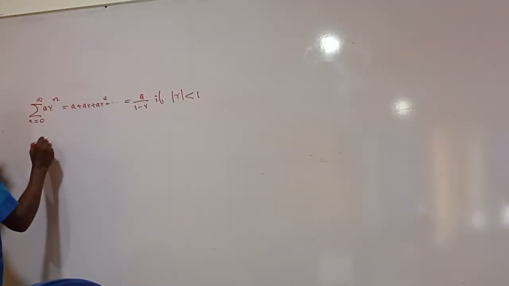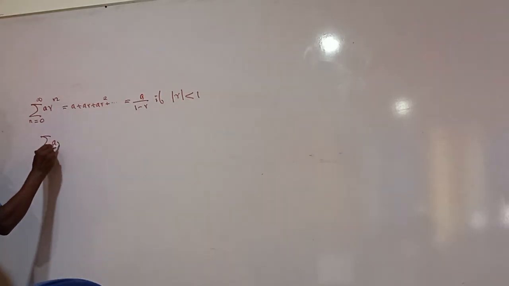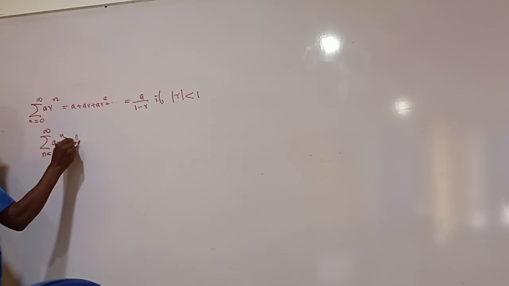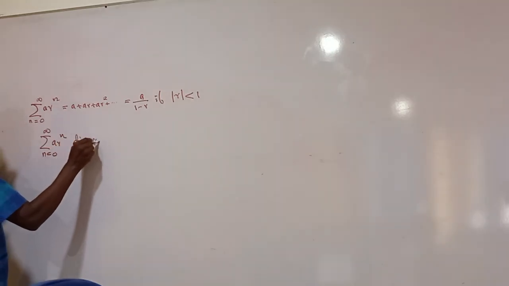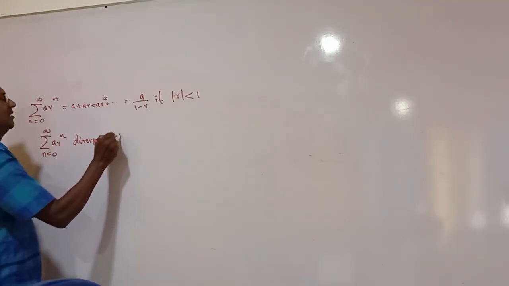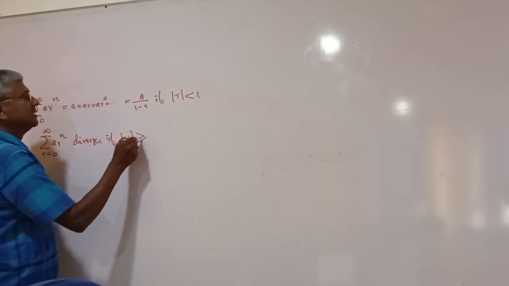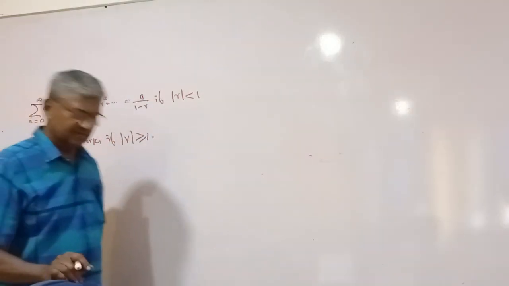You know this, don't you? And sigma a r to the n, n going 0 to infinity, diverges if mod r is greater than or equal to 1.